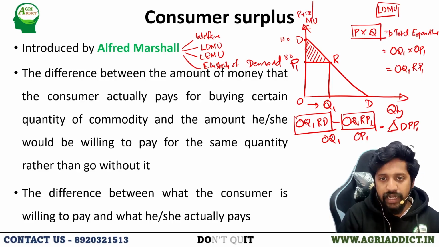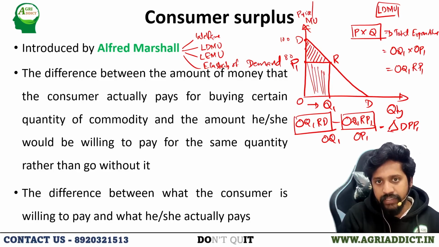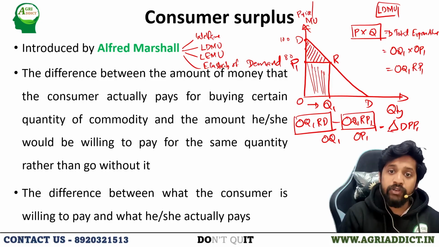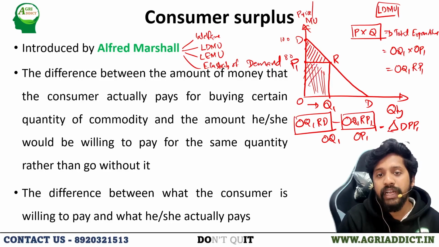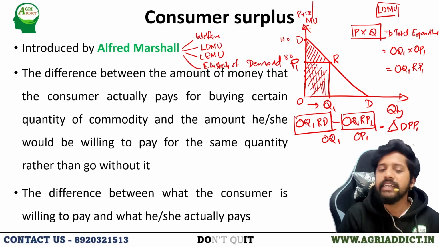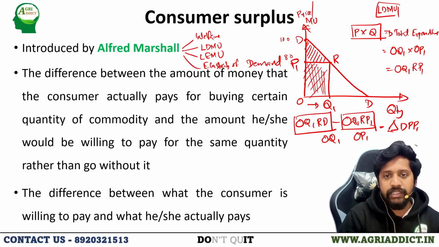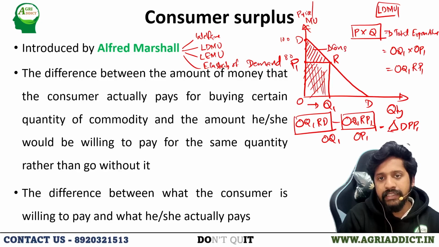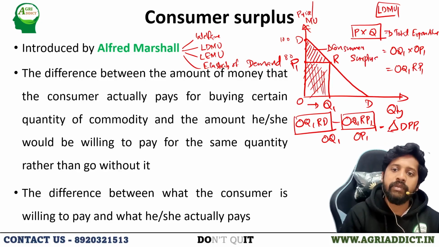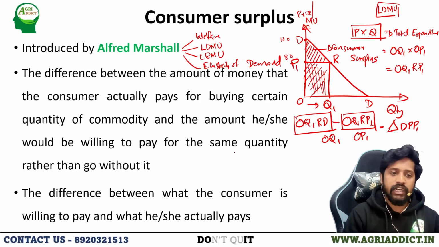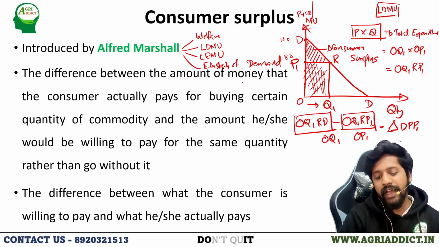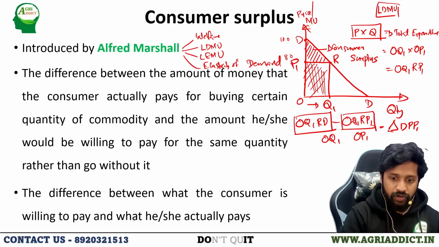So the triangle plus rectangle denotes the total expenditure that he was willing to pay, but he had to pay only OQ1RP1, and the extra amount, that is the area of this triangle, is the consumer surplus. So it is nothing but the difference between what the consumer is willing to pay and what the consumer actually pays. I hope the concept is clear here.